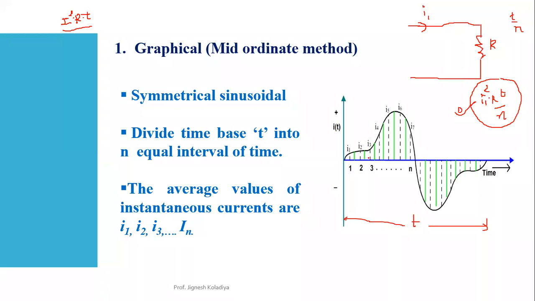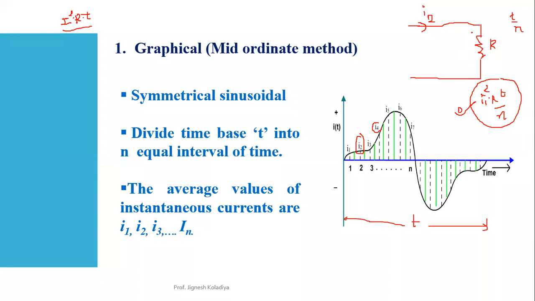Now in the second interval, the instantaneous value is different because it is a time varying function. If you see I4, this value is also different compared to I3, I2 and I1. So one by one I can pass all the values. Now pass I2.